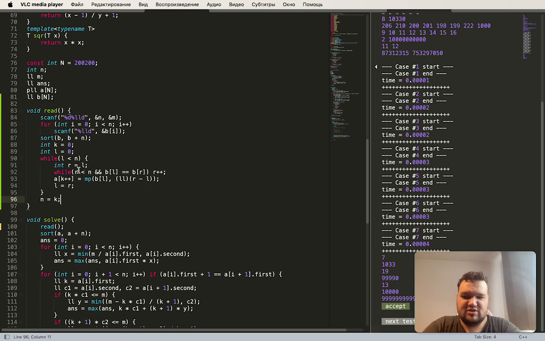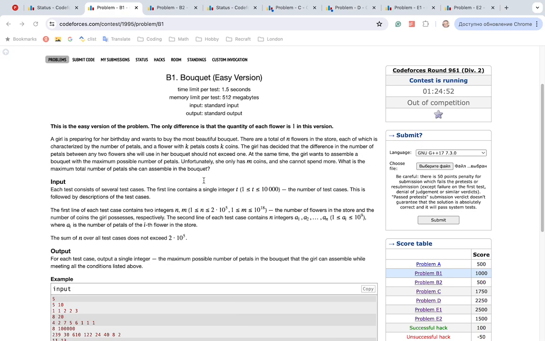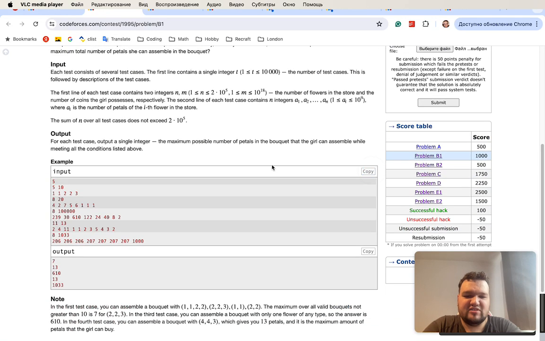And don't forget, we wanted n to be the number of those groups, so that's what we need to put here. Technically I don't need to sort it again, it's already sorted because I used sort to do this coordinate compression, but it's not bad.